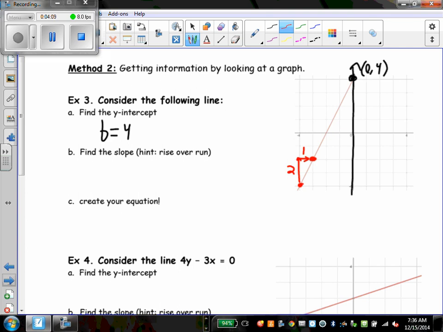So I went up 2 for rise, and that's a +2, and then I went 1 to the right, which is +1. Positive over a positive is still a positive number. 2 over 1 is 2. So that means that m is 2. That's my slope. So that means that the equation overall, y equals mx plus b, is going to be y equals 2x plus 4. We're putting together the information from parts A and B there.